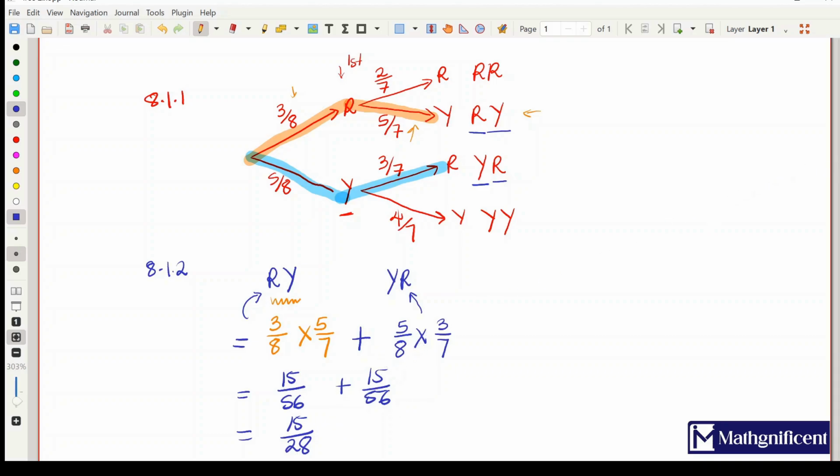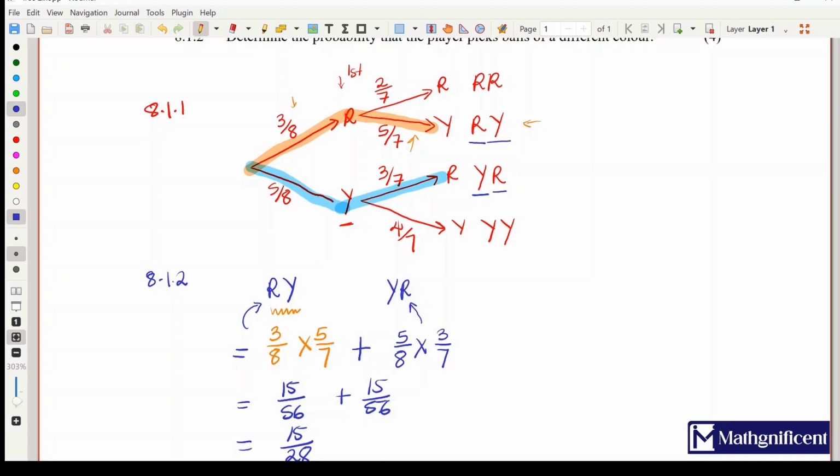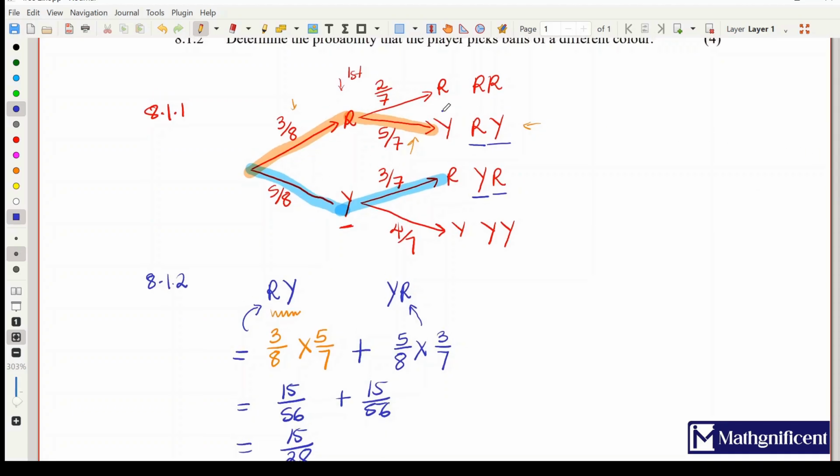I hope you now understand. When we are looking for the probability of a certain outcome by moving across from left to right, we multiply. But when we move vertically, up or down, we add.